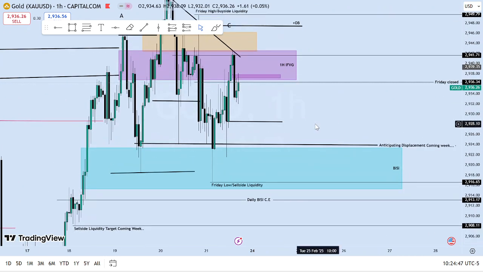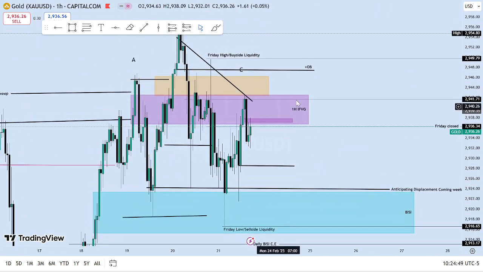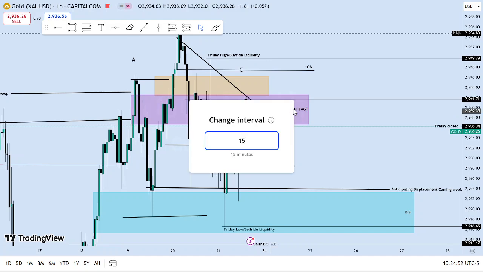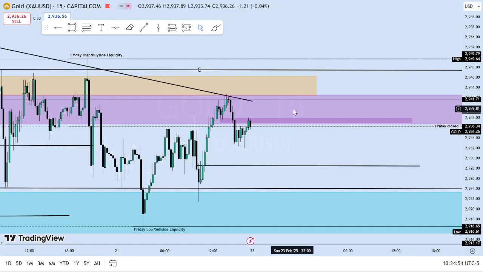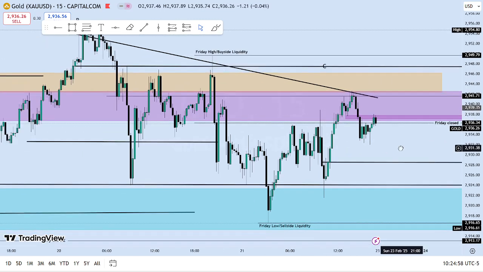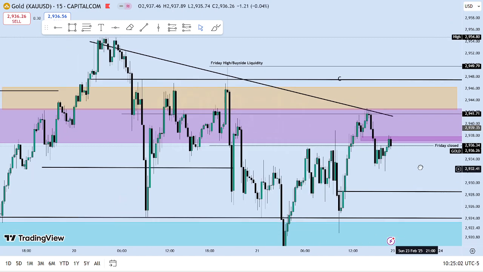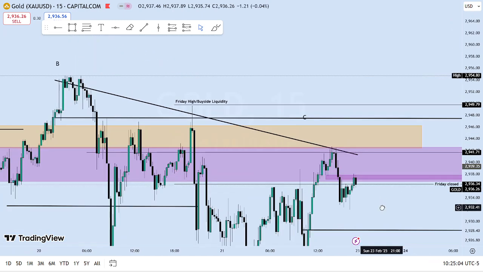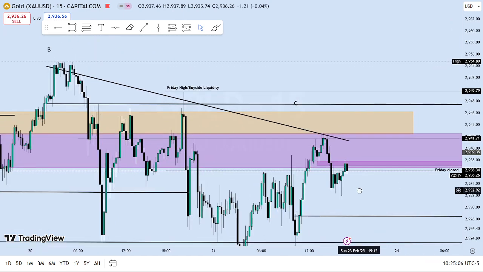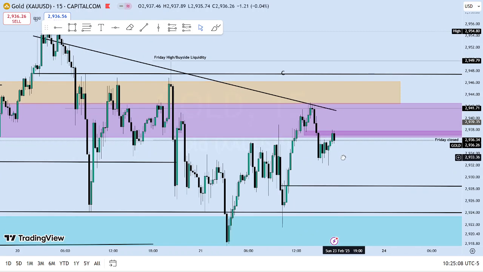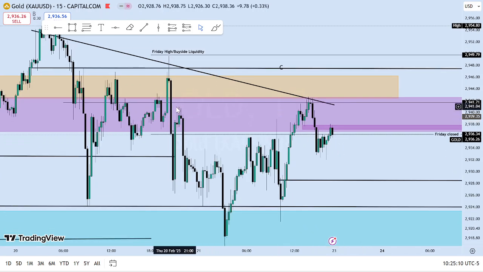On the 1 hour chart, 1 hour inefficiency, 15 minutes. A 15 minute chart here. Buy side liquidity taken on 15 minutes.